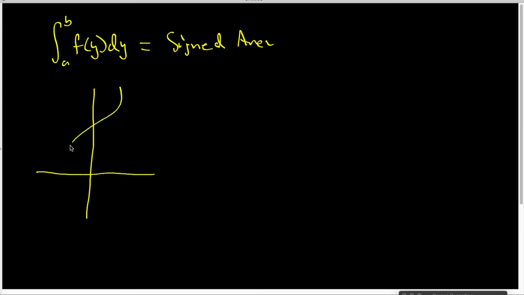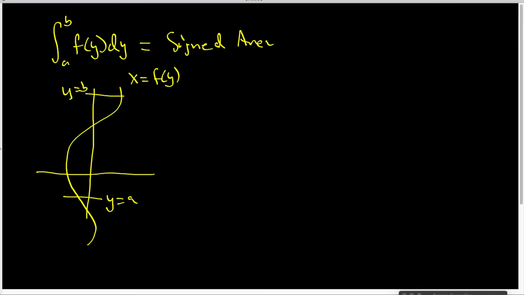This is now my x is equal to f of y. So this is y is equal to a, and this is y is equal to b.